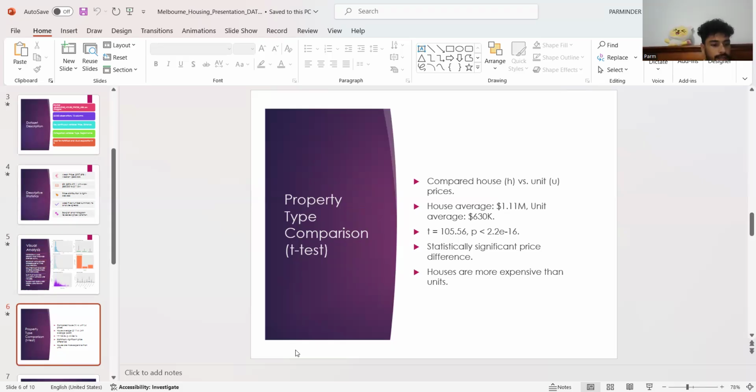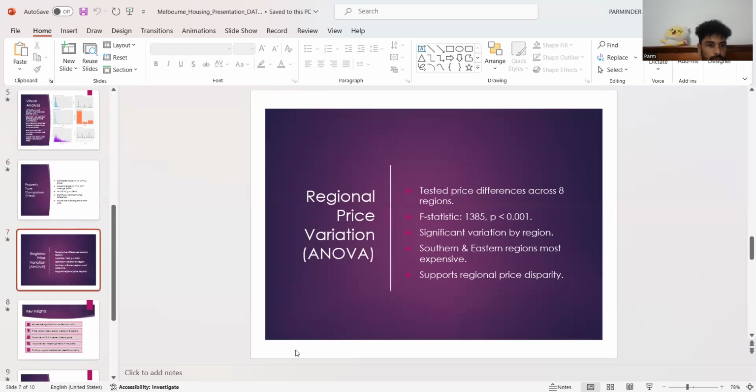The test returned a p-value less than 2.2e-16, indicating a significant difference. The result confirmed that property type plays a major role in pricing within the Melbourne housing market. It reflects broader trends where detached houses are often larger and located in more desirable areas, making them more expensive than units or townhouses.